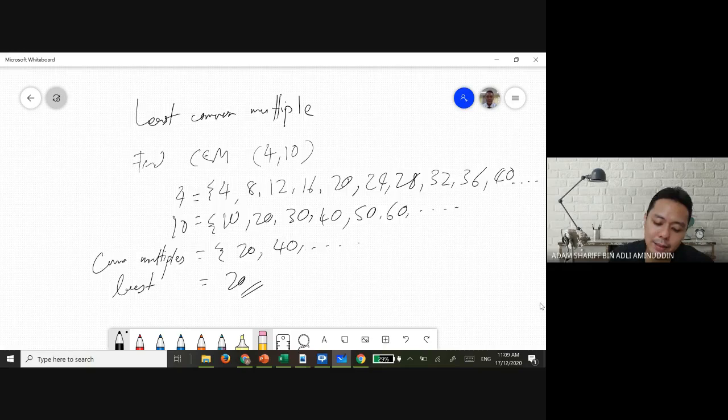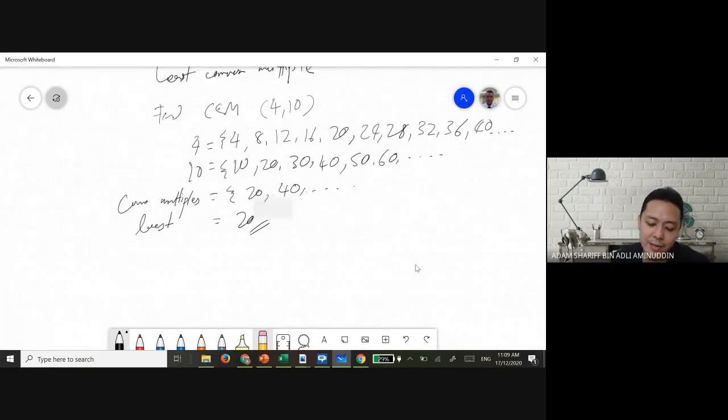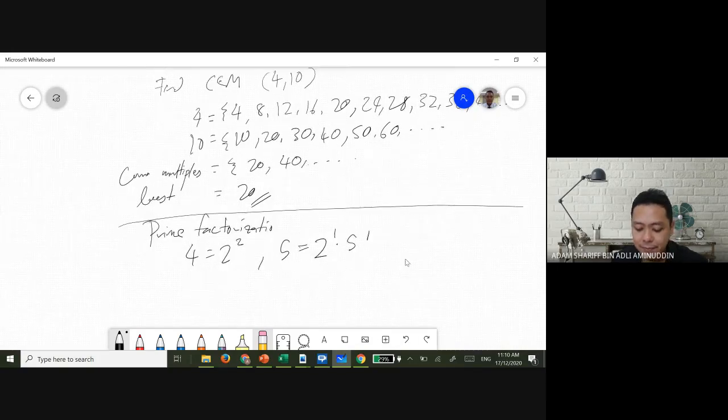Okay, this is if you use the conventional method, and if you use a prime factorization method, it's very simple. First of all, you need to factorize into primes. That 4 is 2 to the power of 2, 10 is 2 to the power of 1 times 5 to the power of 1.